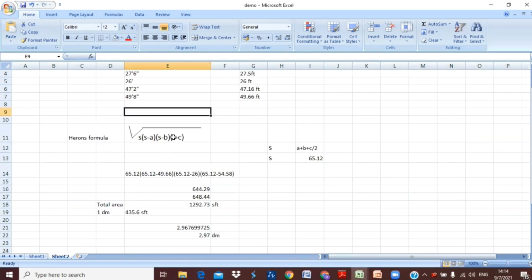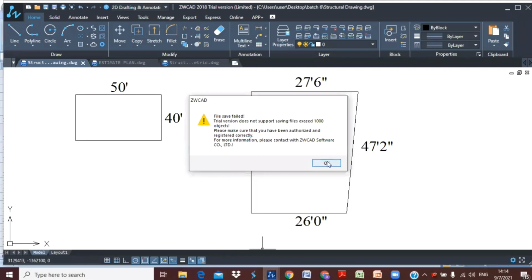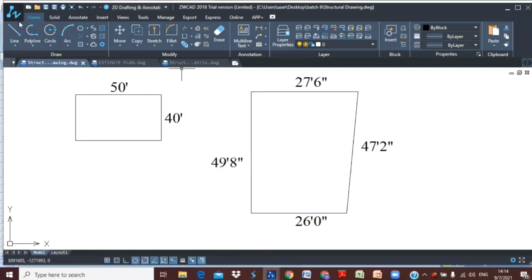With this formula, we can find the area in decimal. First of all, we have to find this S. For finding the S, we have to divide the shape into two halves. You can see here we have already divided it.